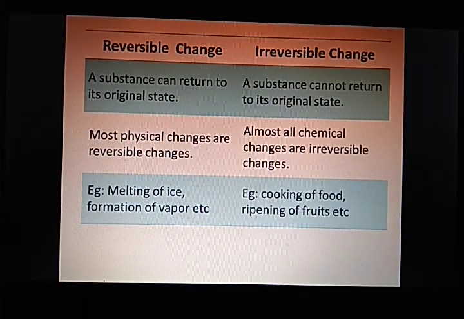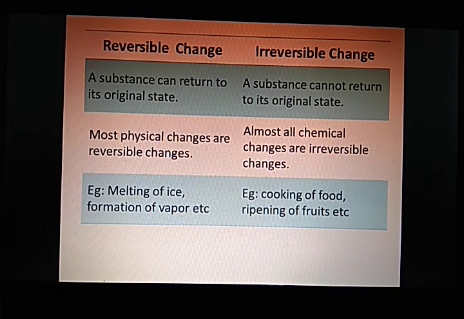The next we are having reversible and irreversible change. What is a reversible change? A substance can return back to its original state. That means, we know in the previous chapter we read about state of matter. And what is a state? So it can return back to its original.